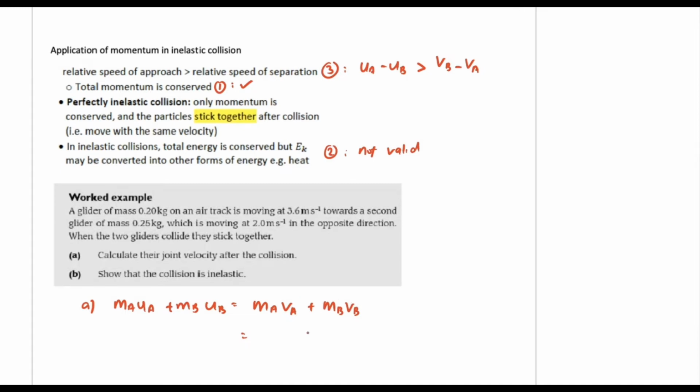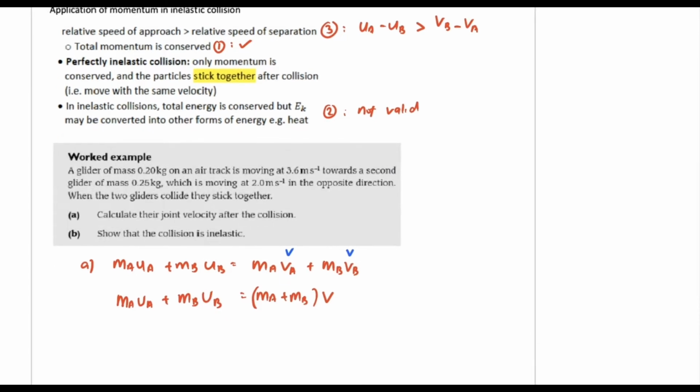So at the end, you can just factorize the same value. Imagine this is V, this is also V. Then you can factorize the V from the two terms, and it becomes MA plus MB times V. So normally we put it this way, which makes the calculation a bit easier for inelastic collisions.